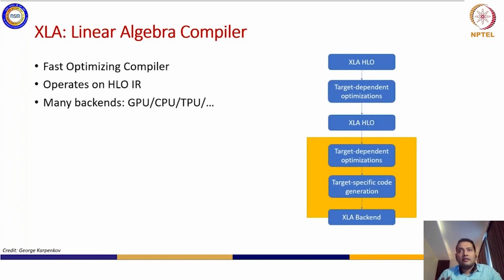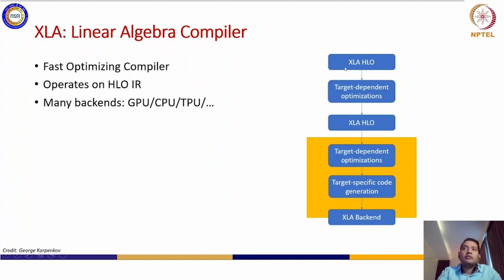So what is happening here? The XLA compilation flow takes one high-level optimization code, which is XLA HLO. By the way, XLA stands for Accelerated Linear Algebra. Most of the operations in a model are basically linear algebraic operations, so this is an accelerated linear algebra compiler.